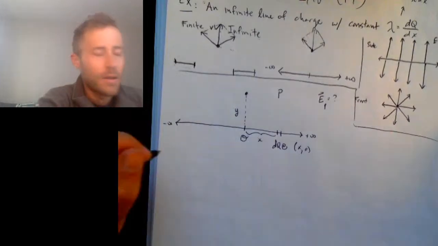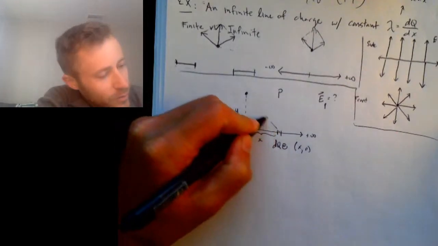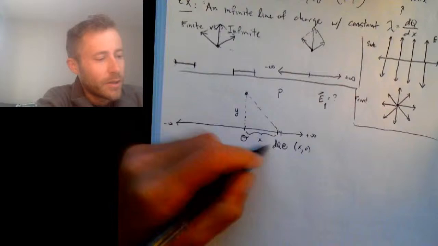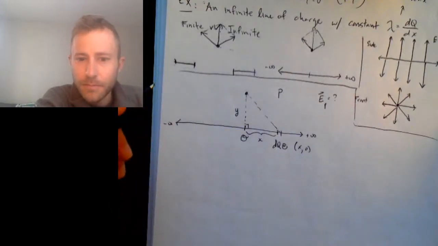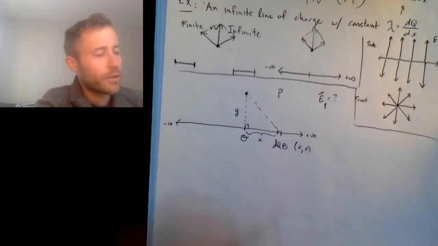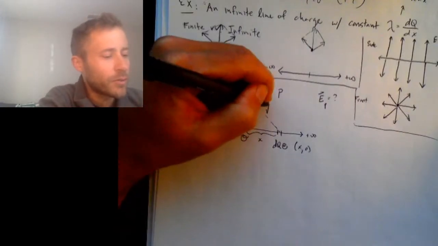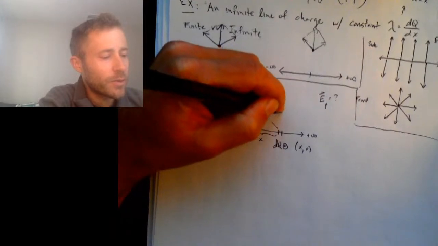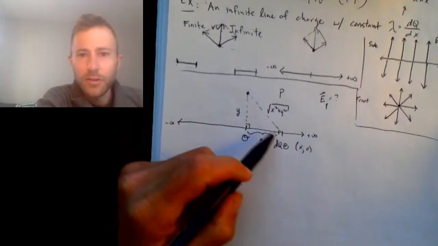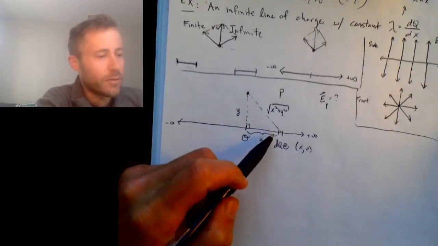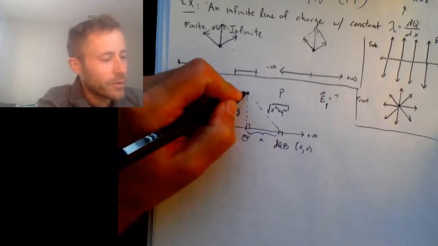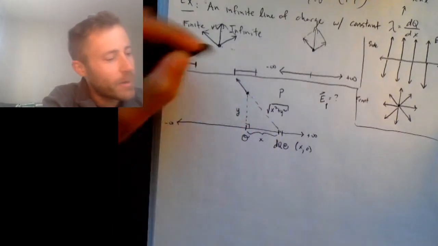And then this distance right here is going to be, according to the Pythagorean theorem, the square root of x squared plus y squared. And so this little piece of charge is going to create a little electric field that goes that way.